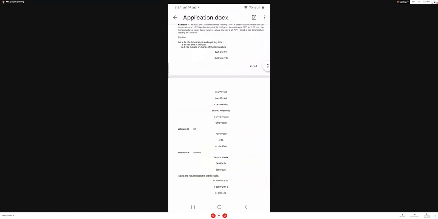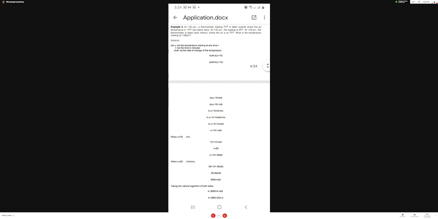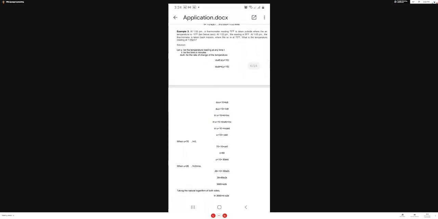Given. Ulitin ko lang. T is equals to 0. U is equals to 70 degrees Fahrenheit. TM is equals to negative 10 degrees Fahrenheit. T is equals to 2. U is equals to 26 degrees Fahrenheit. And ang ano natin is yung T is equals to 5 minutes. So, kailangan natin kuhanin yung value na yun para at least alam natin yung from that point, tapos babalik siya dun sa mainit.